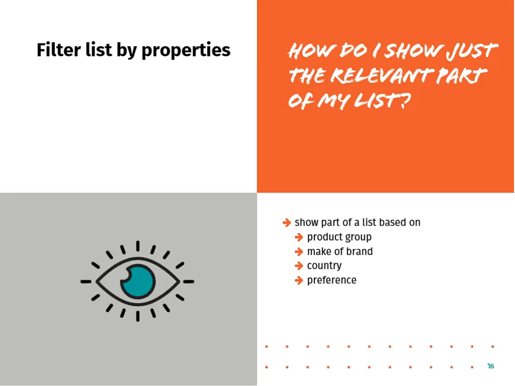You can think of a list that has to be separated in different product groups, or a list that has all kinds of makes in it, but you have to break it down to a certain brand. Or if you have a multi-country study, you can have all kinds of outlets where some of the outlets are available in one country but not in another country. Or you can have a list and then based on the preference of the respondent, you can show only parts of that list.